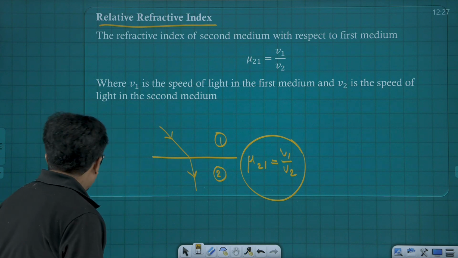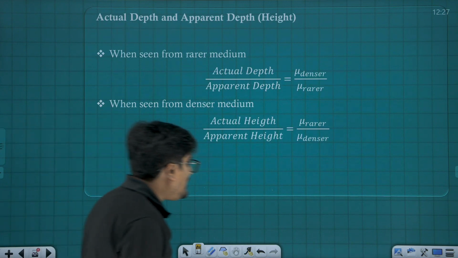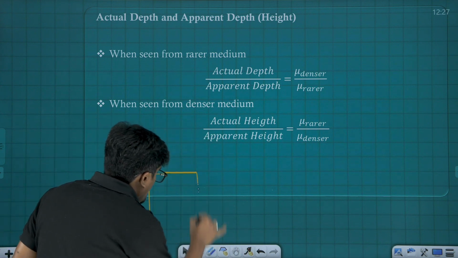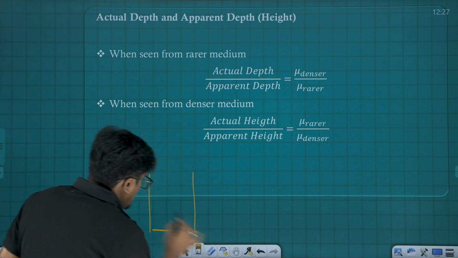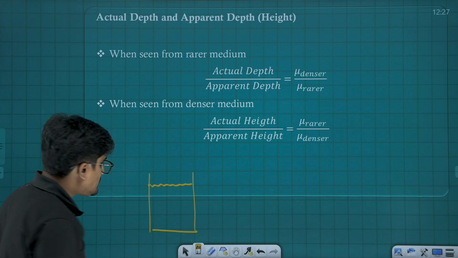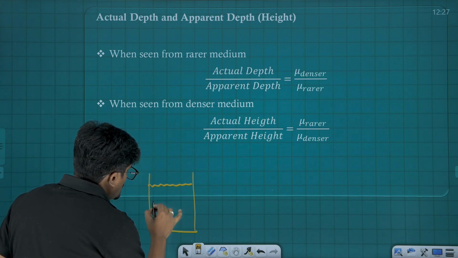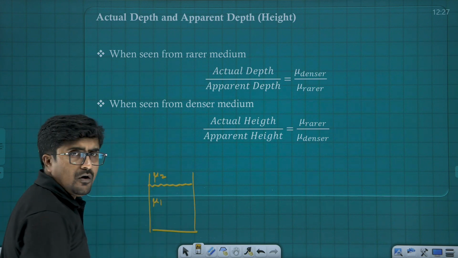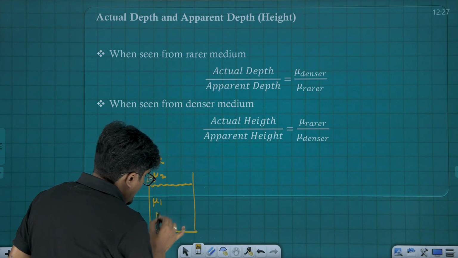Moving to the next, actual depth and apparent depth. This is an area of great numerical importance. Let us have a case like this. Light is traveling from medium 1 to 2, so this is mu1 and let this be mu2. Here this is the rarer medium and this is the denser medium.